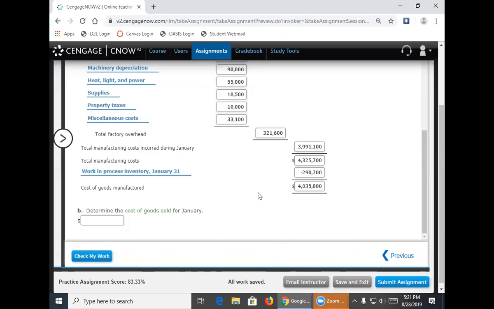So I would take my beginning balance plus the cost of goods manufactured minus the ending balance. Okay. So cost of goods sold will be the beginning balance plus the cost of goods manufactured minus your ending balance. And these are all of finished goods.